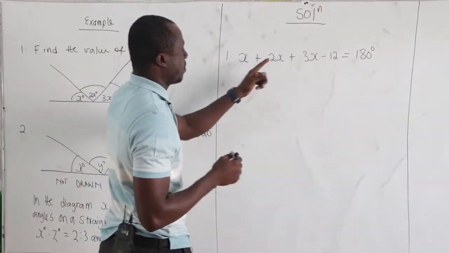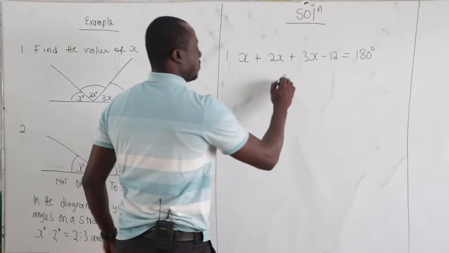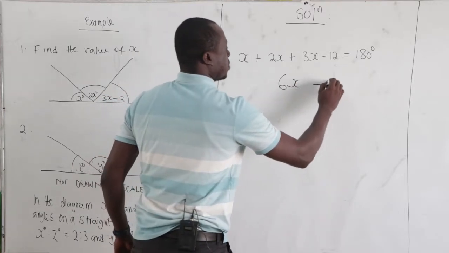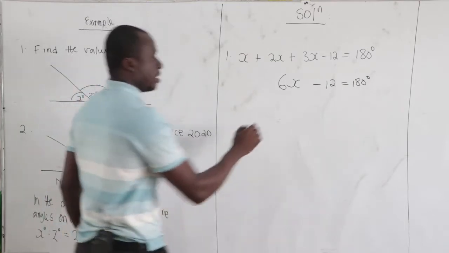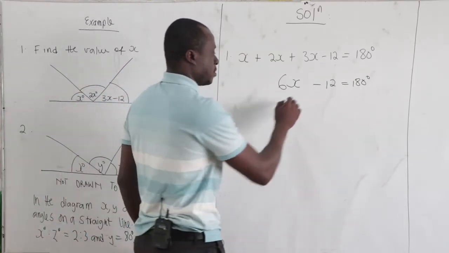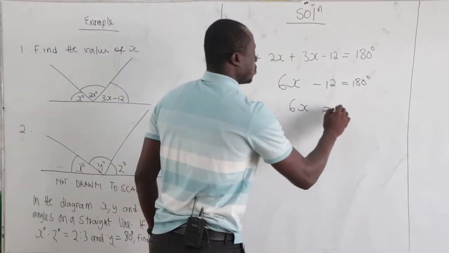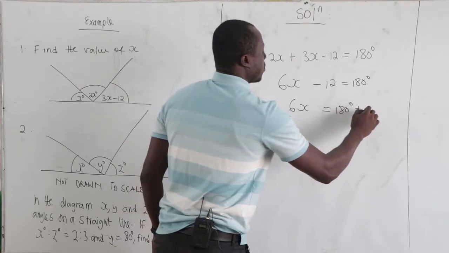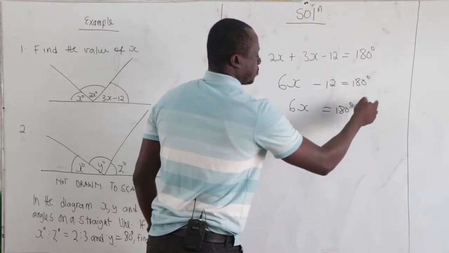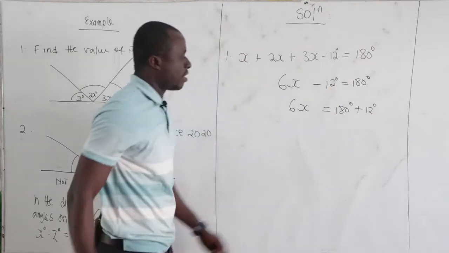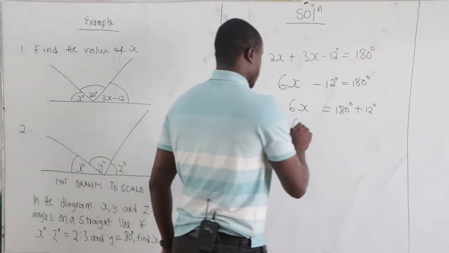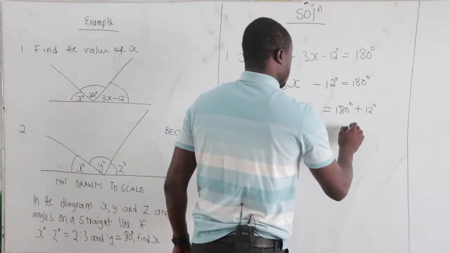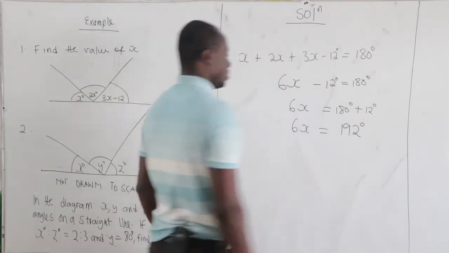Now x plus 2x plus 3x gives us 6x minus 12 equal to 180 degrees. Now we have to group like terms. So we have 6x equal to 180 degrees plus 12 degrees. Now 180 plus 12 is 192 degrees.